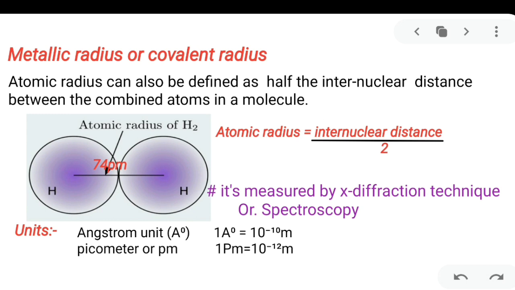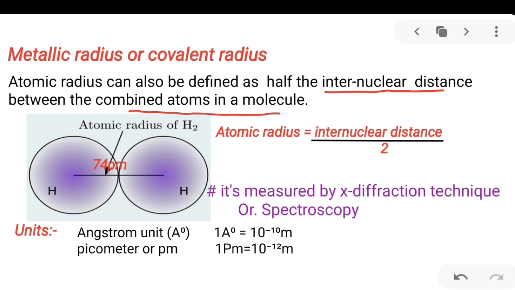Atomic radius can also be defined as half the internuclear distance between the combined atoms in a molecule. Here I have taken one example, the hydrogen molecule. A hydrogen molecule is formed by the combination of two hydrogen atoms when they combine with a covalent bond.